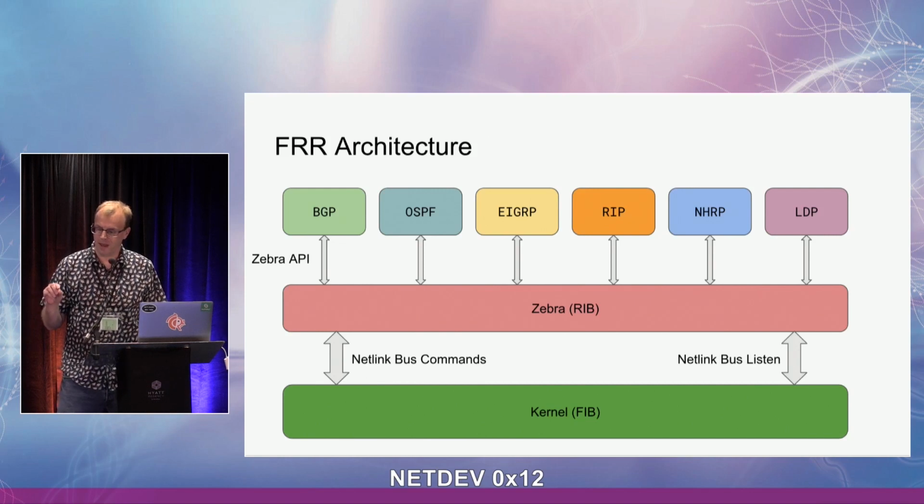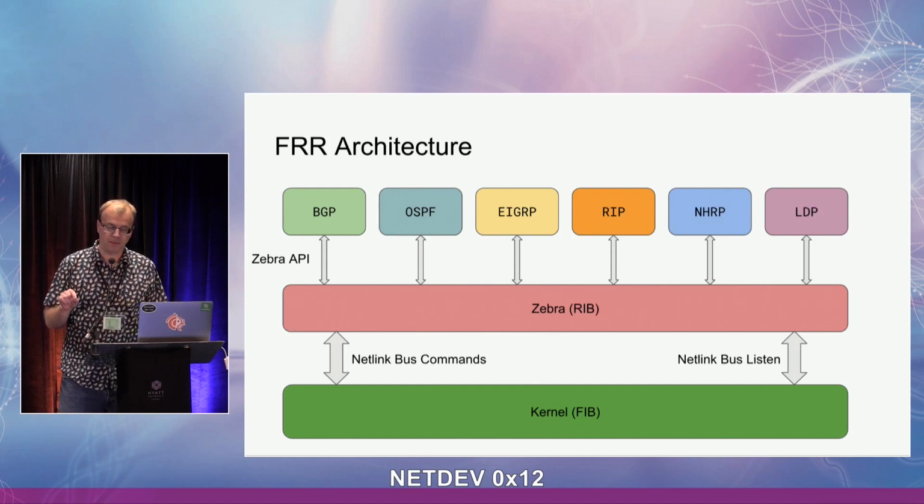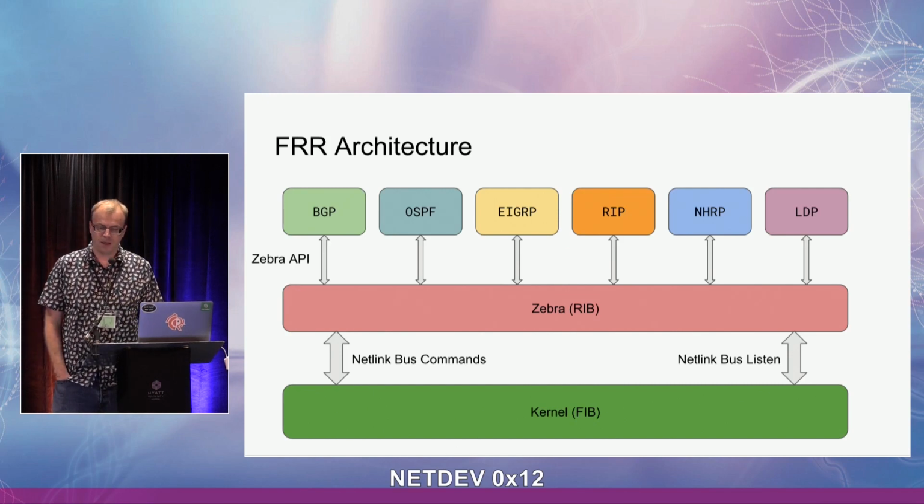Zebra takes that and talks to the Linux kernel via the netlink bus to install those routes. The one interesting thing about Zebra is that we actually have two netlink sockets. One's for just listening for new netlink data from the kernel, and one's for actually sending commands down.